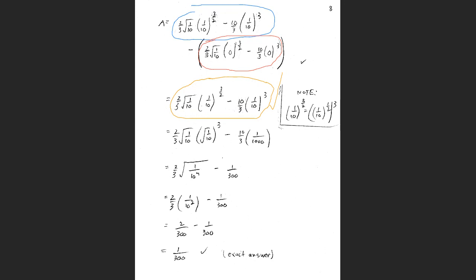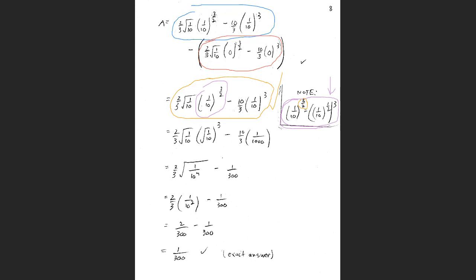But I just wanted to simplify this. So I noted that 1/10 to the 3/2 power is the same as 1/10 to the half power raised to the third power, because 1/2 times 3 is 3/2, so you multiply the exponents.